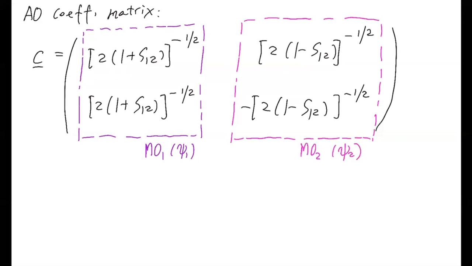Notice that for the first molecular orbital, the ratio of these two AOs is 1 to 1, and for the second molecular orbital, the ratio is 1 to negative 1.